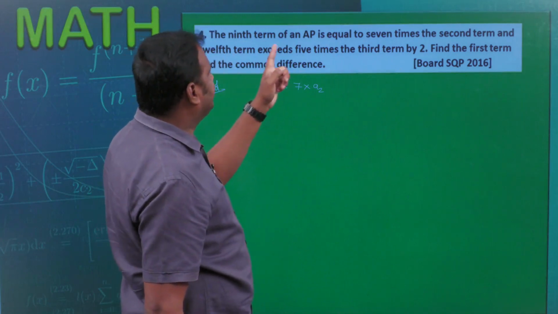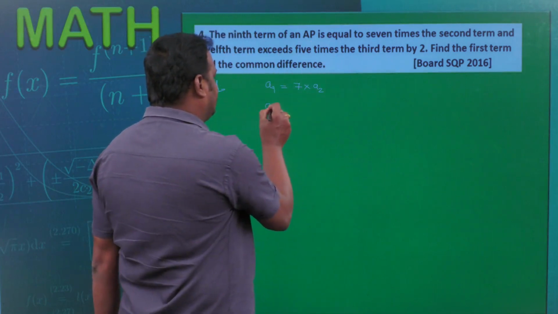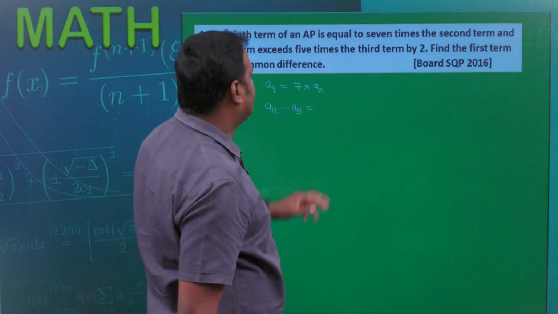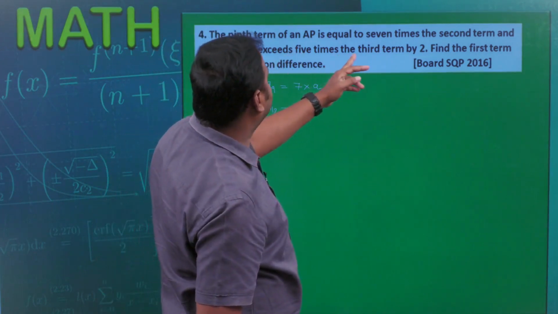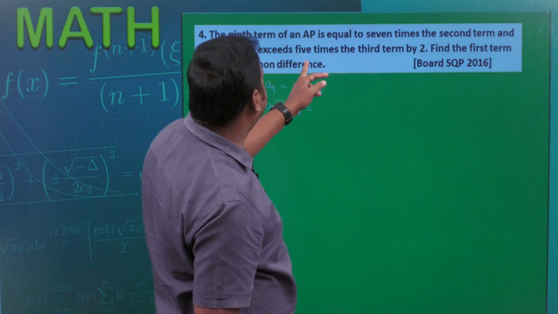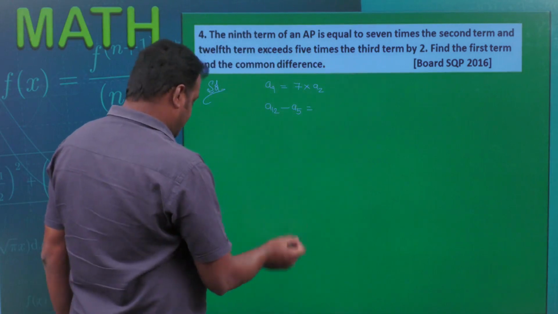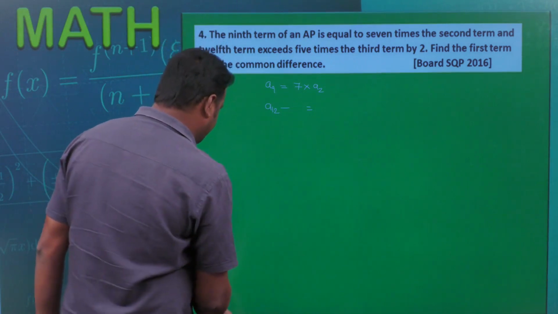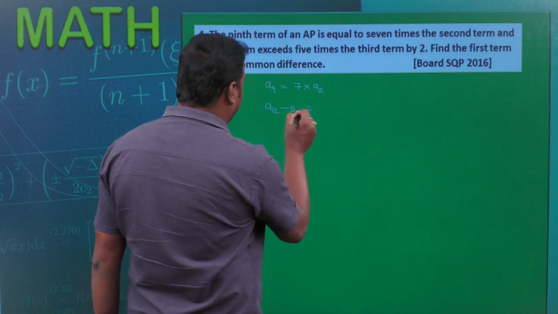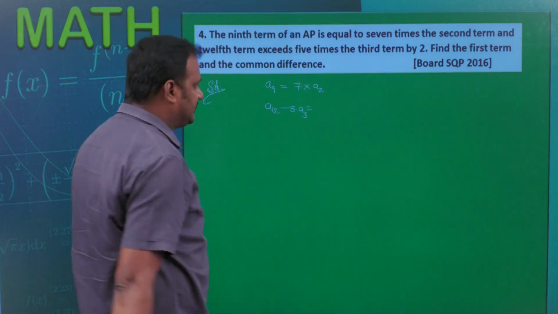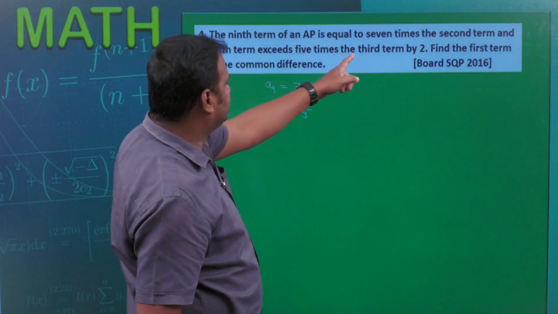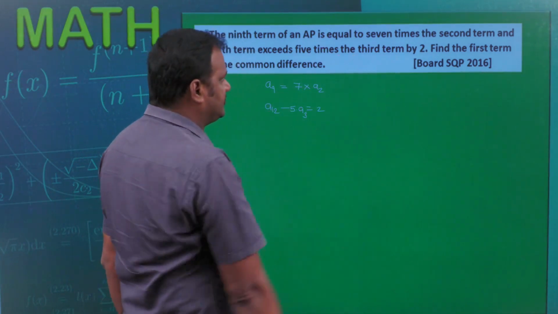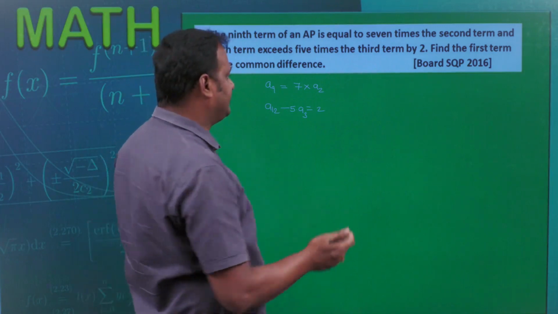And the 12th term exceeds 5 times the third term, that is 5 into A3, by 2. By 2 is nothing but it is equal to 2. This is the information given in the problem.